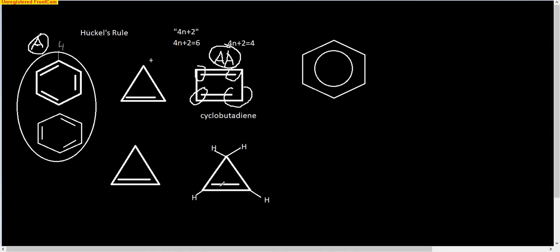So this one, when you first look at it, you just ask, is it flat? And in this case, it's not flat. The reason is because of these 4 connections here. 4 connections means that it's sp3 hybridized. Because you have 4 connections, there's no possible way that it could be flat. It is 3-dimensional.